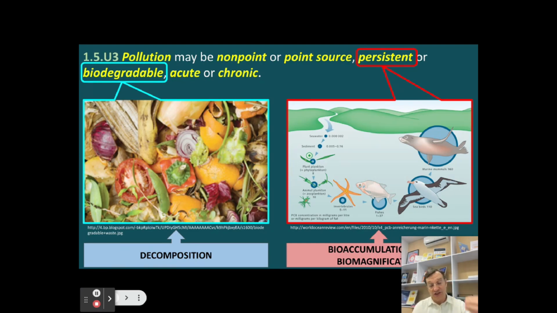And because they are persistent and they're not broken down and the body doesn't excrete them, right, they tend to build up in each individual organism's body. So when they build up, they accumulate over time in the organism's biomass. That's what we call bioaccumulation. So bioaccumulation is the slow buildup of pollutants within a single organism's body as it consumes the pollutant over time.